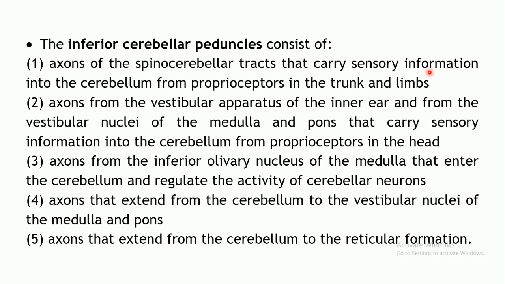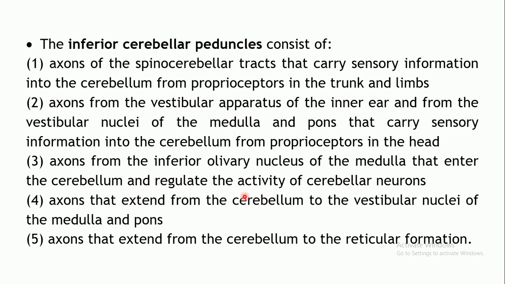These carry the sensory information from the proprioceptors of the trunk and the limbs, which will make you aware about the position. Also it comprises the axons from the vestibular apparatus of the inner ear and from the vestibular nuclei of the medulla and pons. So this will carry the sensory information from the proprioceptors in the head towards the cerebellum.